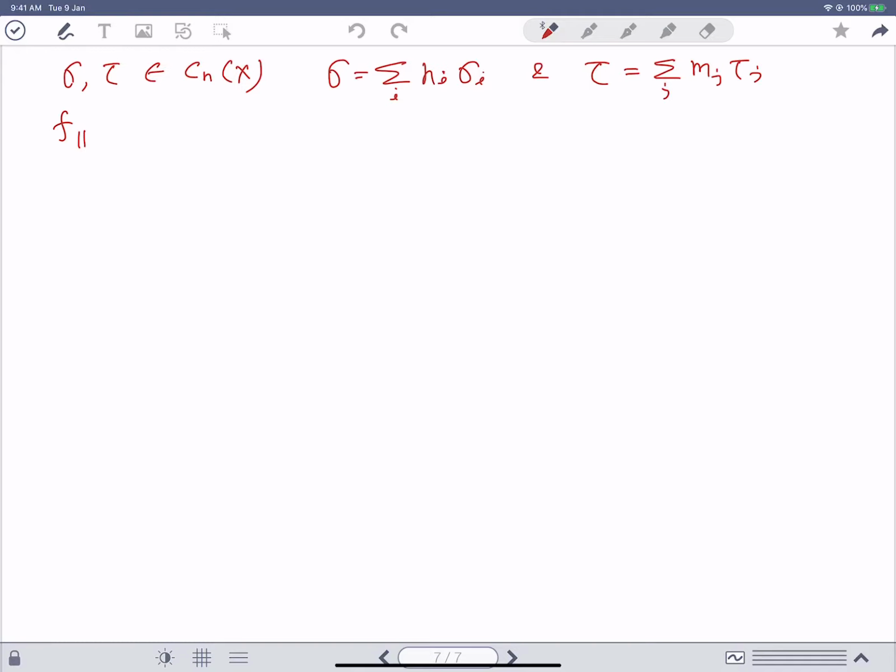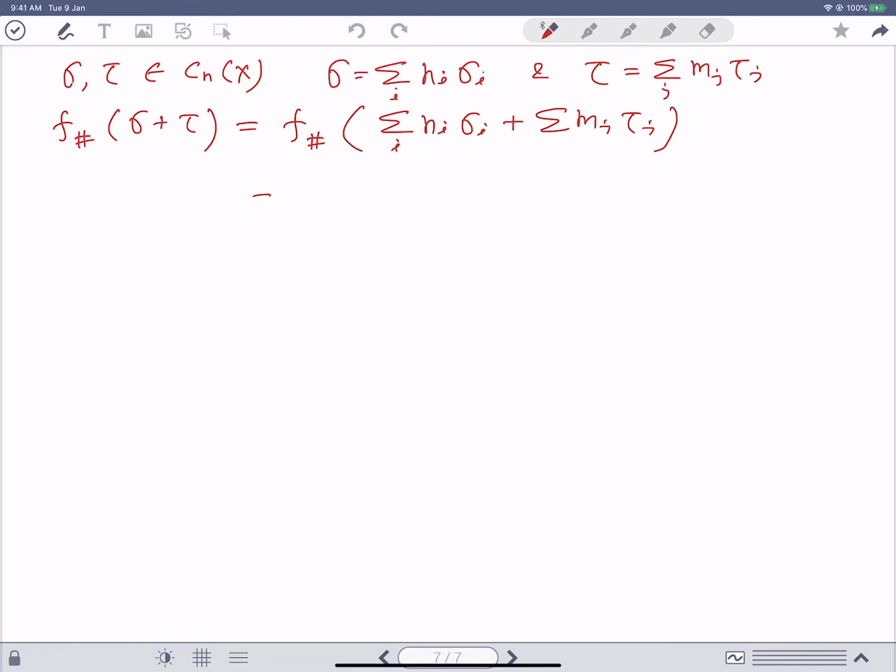Now what is f hat of sigma plus tau? That will be f hat of the summation of n_i sigma_i plus the summation of m_j tau_j. Again this is a singular n chain in X, right? And both sums are finite, so their sum is also a finite sum.